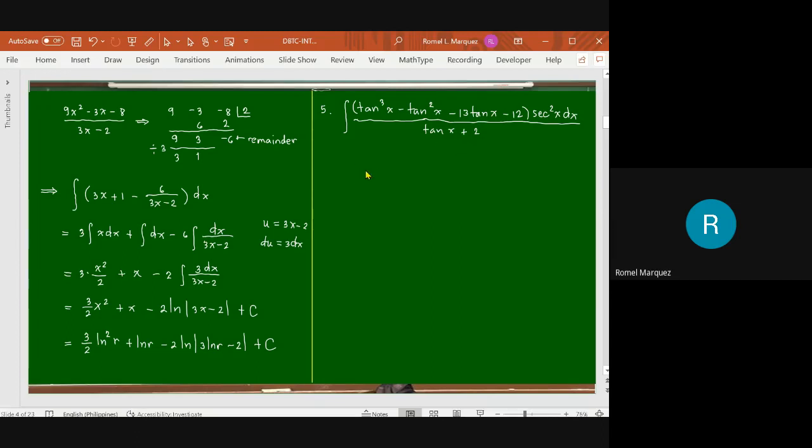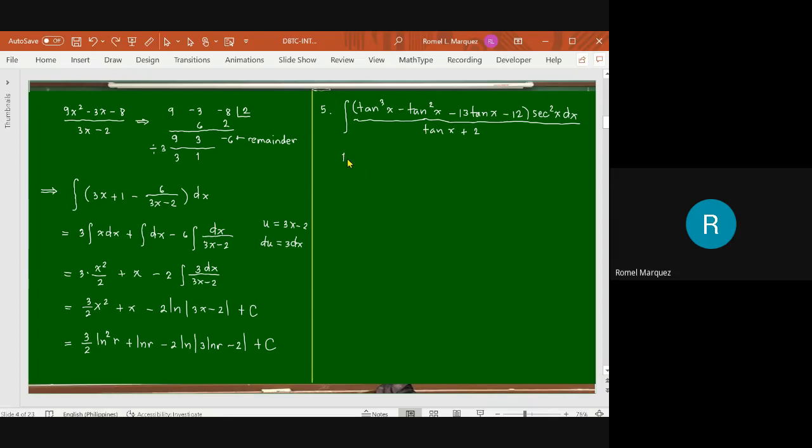Okay, guys? Now again, this is not a rational function in x, but if you look at the tangent, it is a rational function in tangent x.